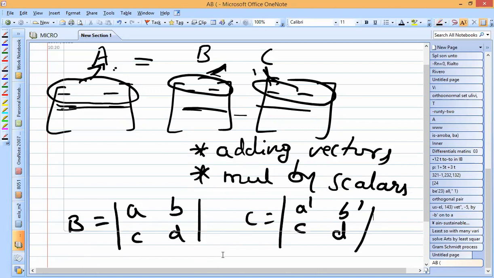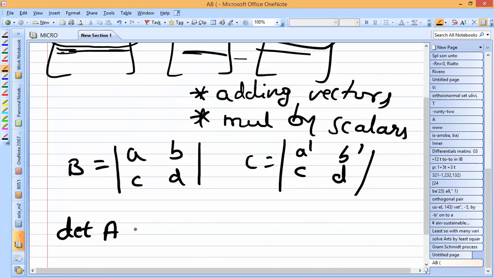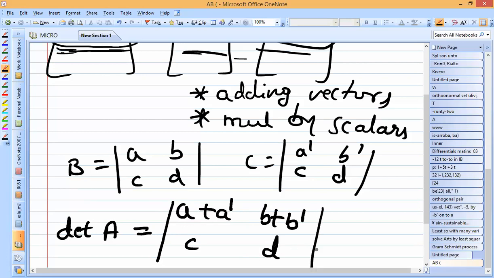So now we have to write the determinant of the matrix A. The determinant of the matrix A is equal to A plus A dash, B plus B dash, and the second row elements will be the same.